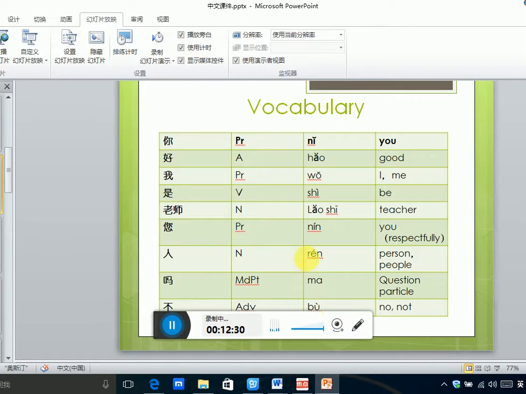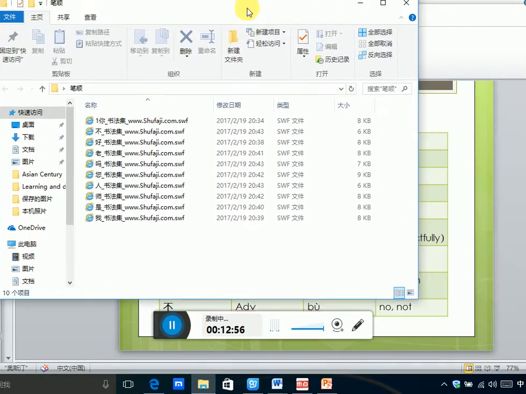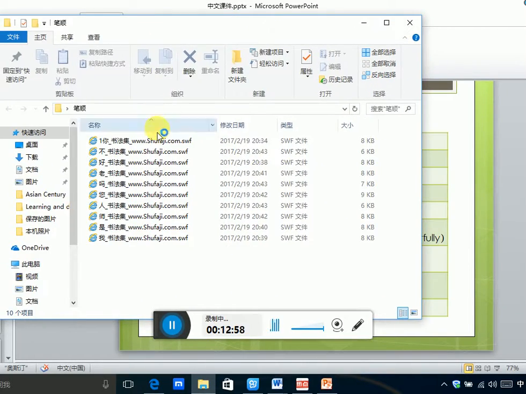Okay. Now I will read these words and explain the meaning of these words as well. First one we got 你, meaning you. Okay. And I will show you the ways to write it.